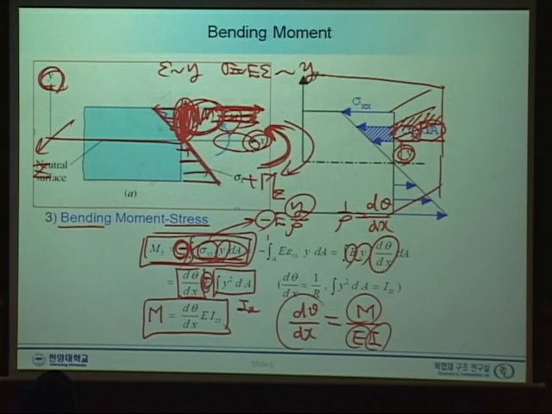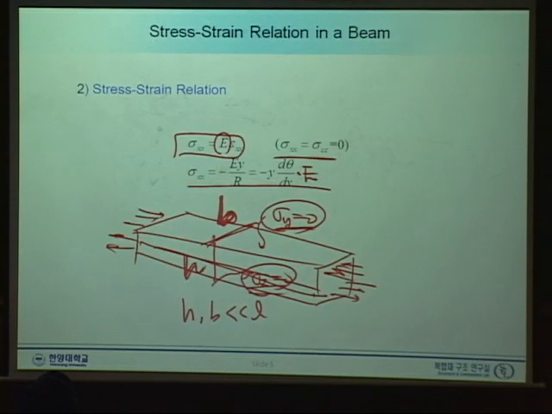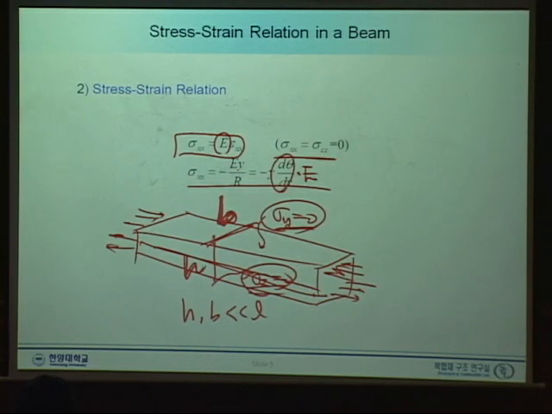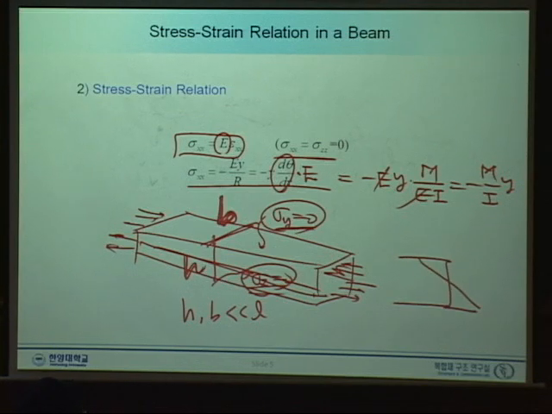We put this equation back into here, then we will get stress. So simply minus E y, what was d theta dx? D theta dx was M over EI, right? So E disappears and minus M y. That is the stress in the cross-section.